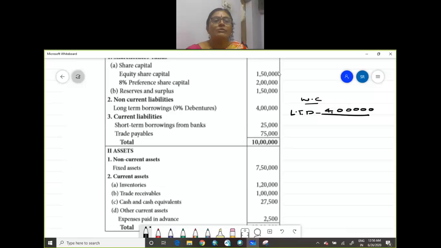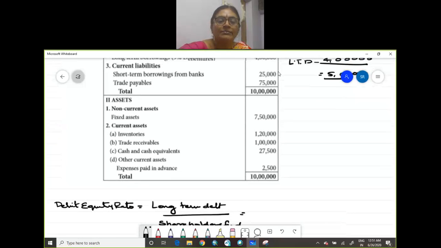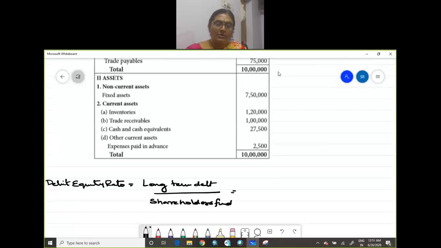And what is your shareholders fund? Shareholders fund is a combination of equity capital, preference capital and reserves and surplus. So that is 3 plus 2, 5 lakhs. Now that you have the detail, we can complete the problem. So debt equity is rupees 4 lakhs divided by 5 lakhs.